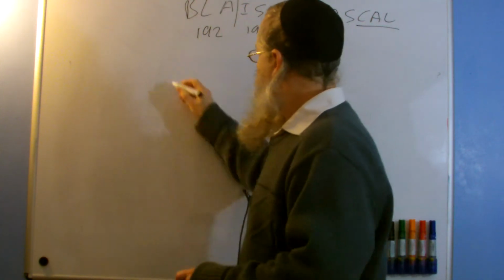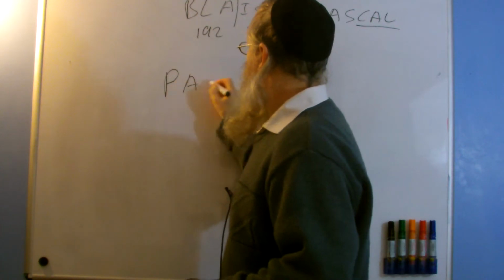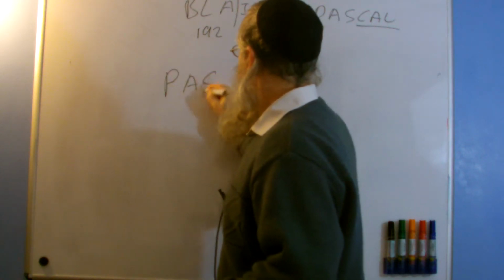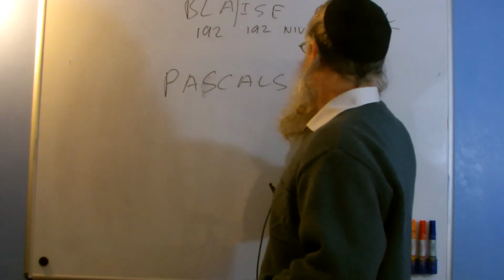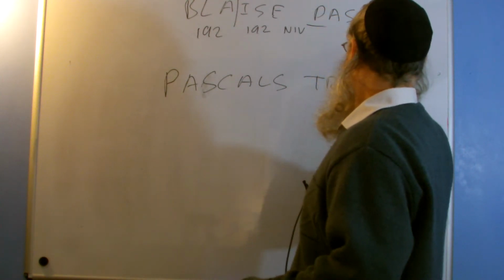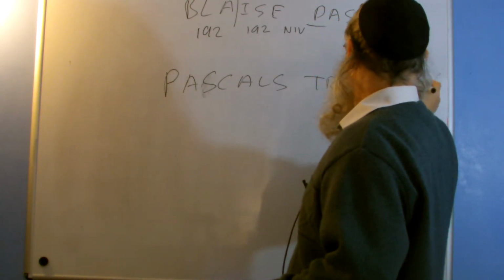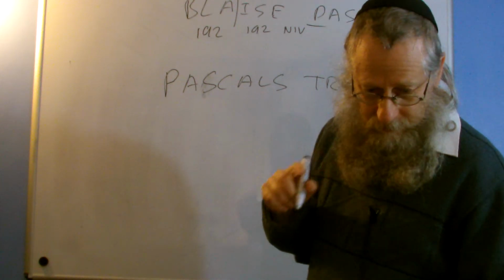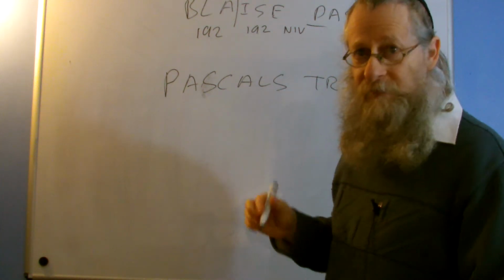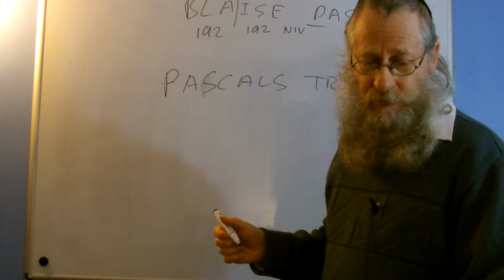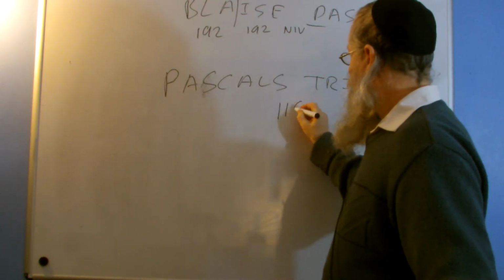Pascal's triangle has a whole value, that's the placement value and the large value, of 1,190.